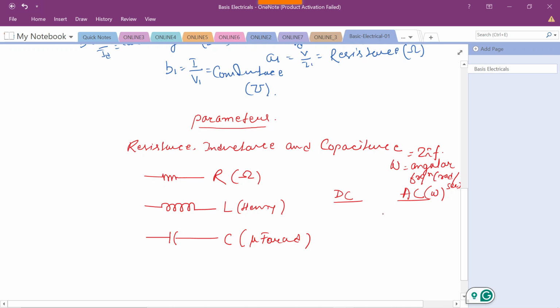Then the inductance is affected by the AC supply, that is XL, called the inductive reactance.